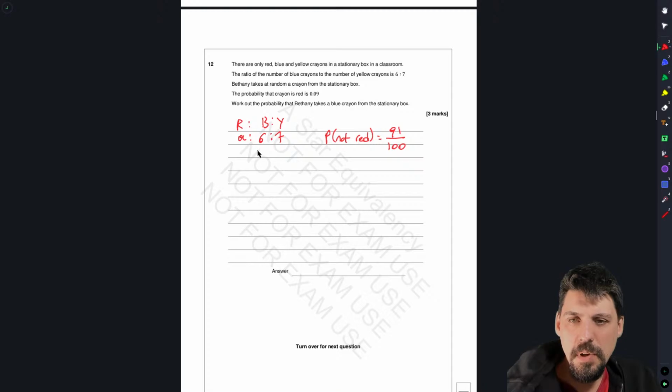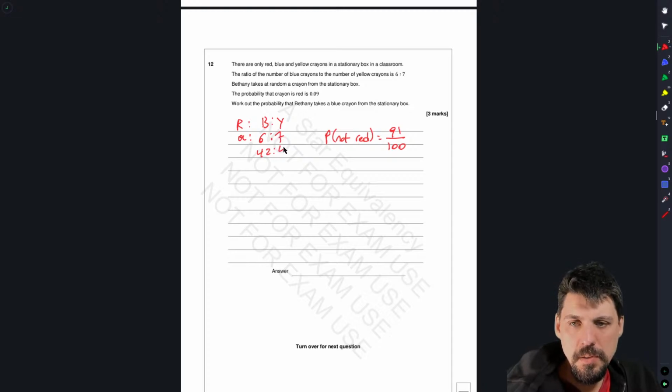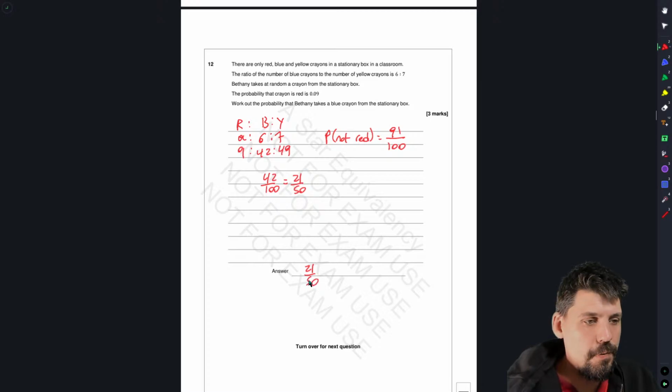So if I times it up by 7, 42, 42 to 49, there we go. And that would be a 9 at that point. There we go. And that's much, much nicer. And now we've got our proportions. What's the probability that Bethany takes a blue crayon from the box? It would be 42 out of 100, which is 21 out of 50. That feels good.